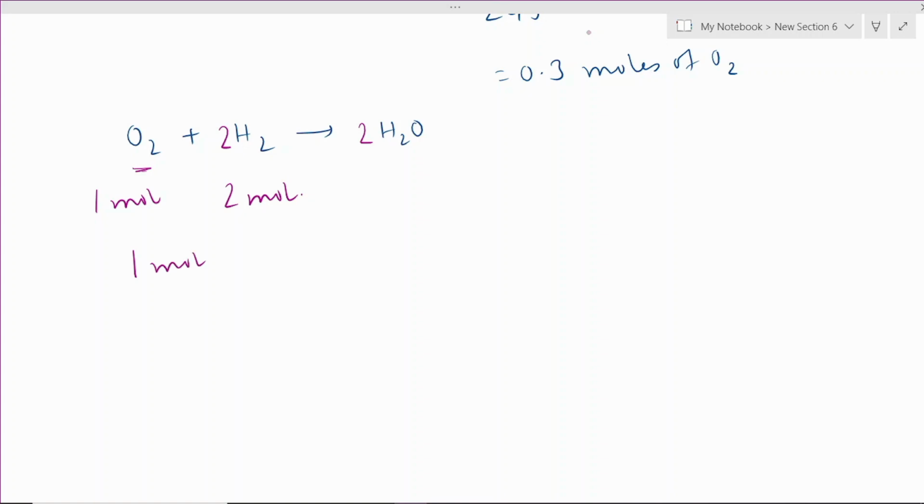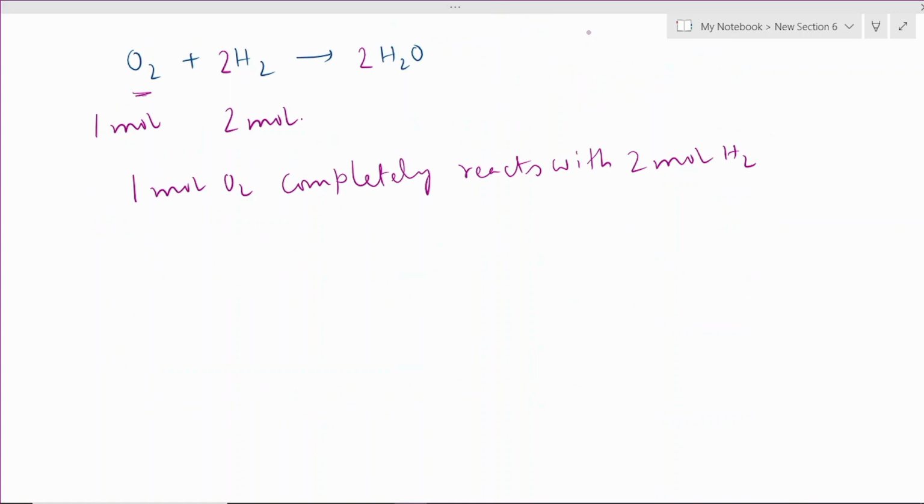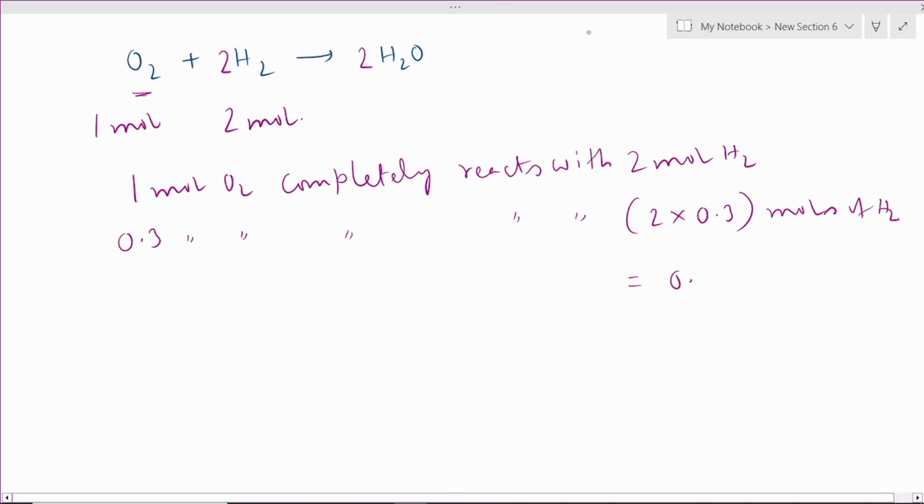So 1 mole of oxygen completely reacts with 2 mole of hydrogen. So 0.3 moles of oxygen reacts with 2 into 0.3 moles of hydrogen, that is 0.6 moles of hydrogen.